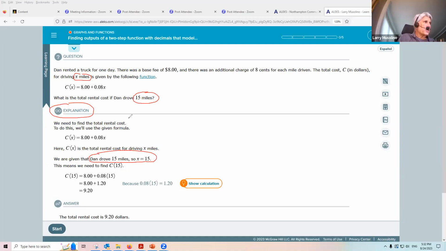So they're suggesting to you, go to this equation and where you see this X, replace it with the number 15. Well, you multiply 0.08 times 15, that's how they got 1.2. Add 8 plus 1.2, the answer is 9.2. So they show you the answer down here. So ALEKS is showing you a worked out example.